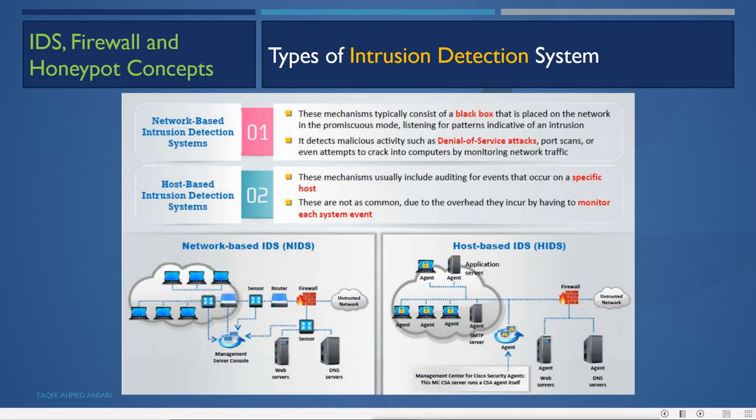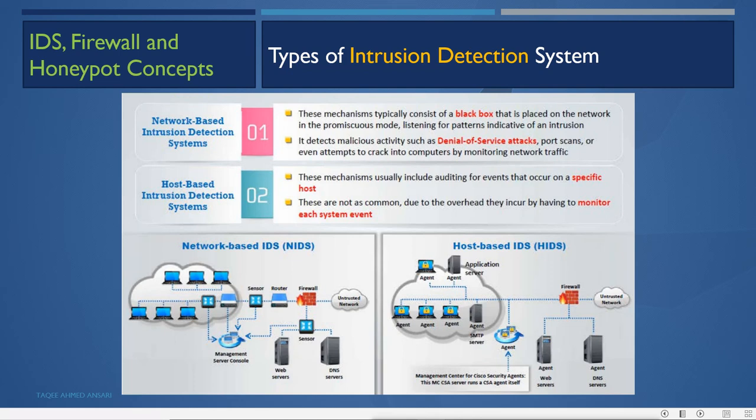Then the types of intrusion detection system. We have the network-based intrusion detection system and the host-based intrusion detection system. Network-based means this mechanism typically consists of a black box that is placed on the network in promiscuous mode, listening for patterns indicative of an intrusion.